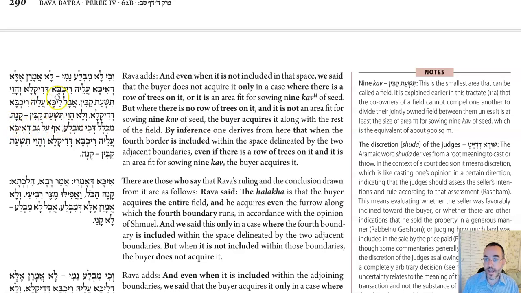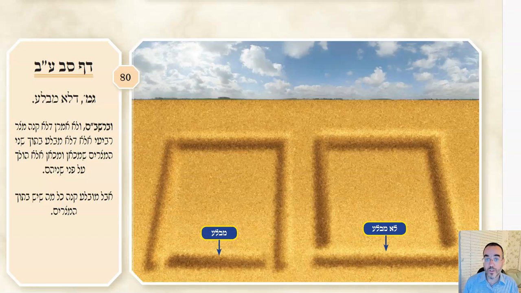And even when that side is not included in the space, and so therefore, according to Rava, that would not go to the buyer, that's only true if that fourth side has on it something significant, like a row of trees, or if it's a size that you can put 9 kav of seed on it. It's a significant amount. Because it's a significant amount, so therefore it's excluded from the deal and is not sold.